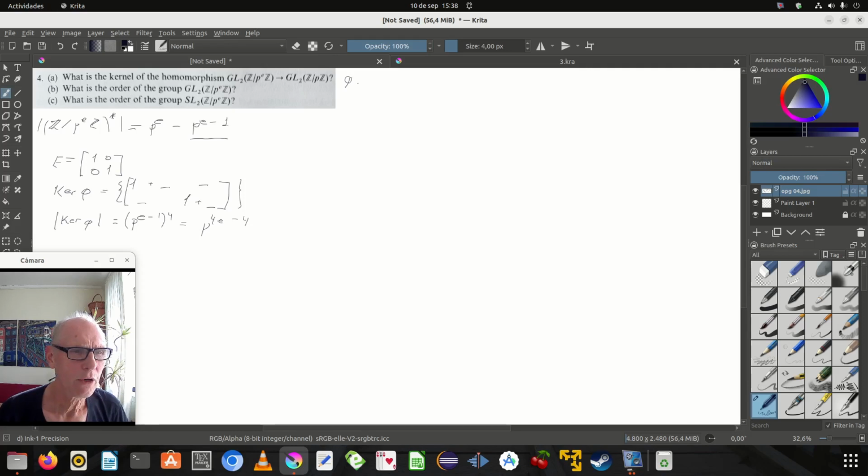So we have the kernel, no, the image, and that's GL2. It's isomorphic modulo the kernel.